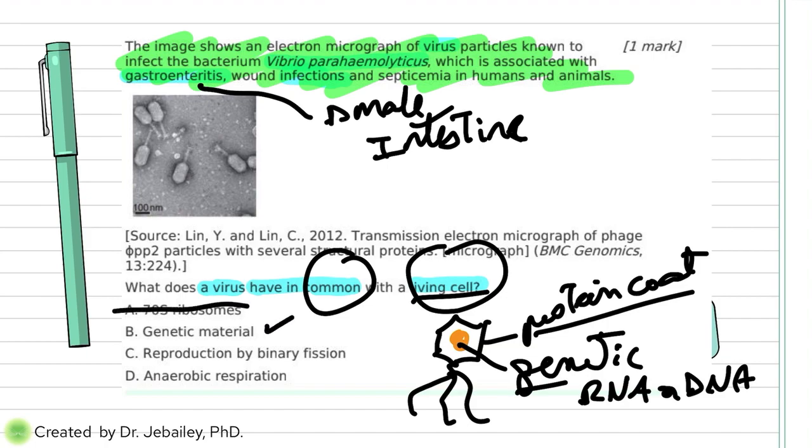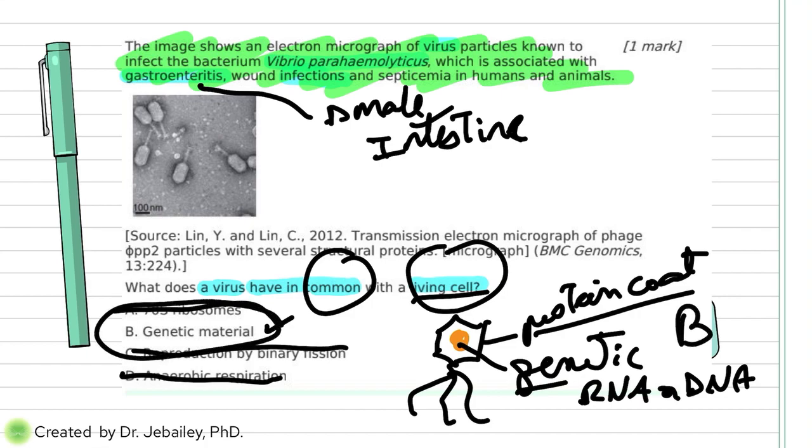Bacteria, more likely. A reproduction by binary fission. See, virus cannot reproduce. That's why virus attacks the bacteria, so the bacteria can do the reproduction. So this is out. And anaerobic respiration. Viruses don't even have mitochondria. They just have genetic material, so it's done. So the answer can only be B.